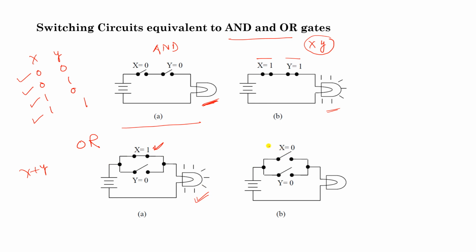Here both of the variables have value 0, that's why this is in the off state. So only two combinations are shown here. You can similarly make switching circuits for the other two combinations of truth values. So this is the relation between switching circuits and the OR gate.